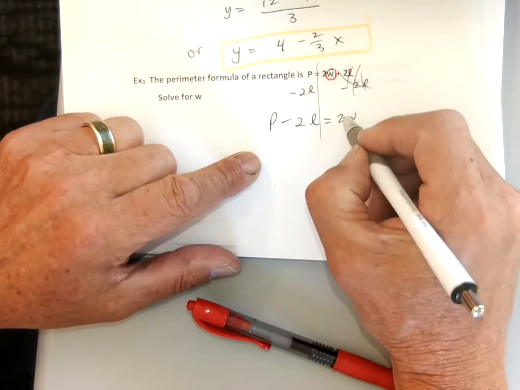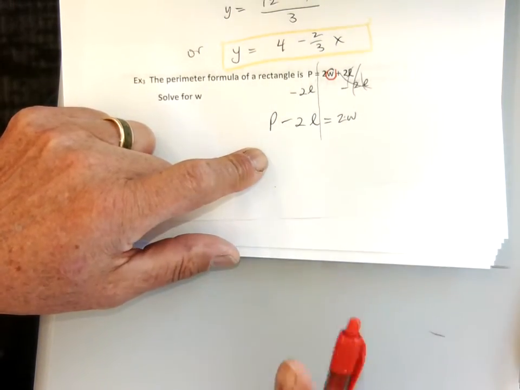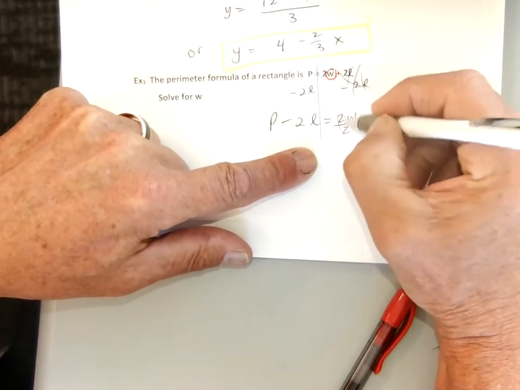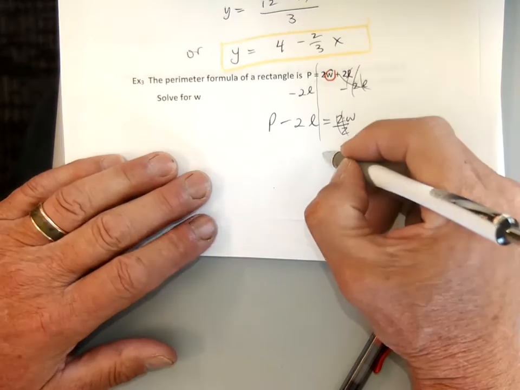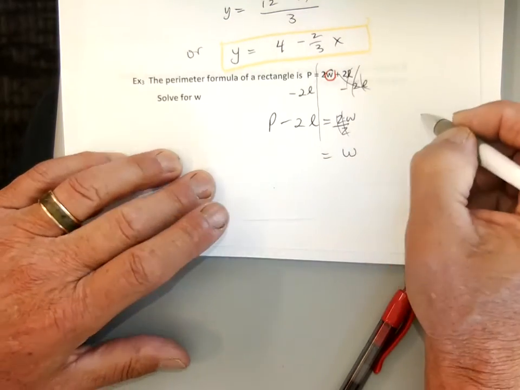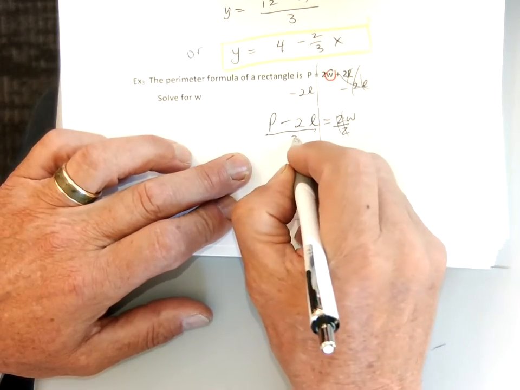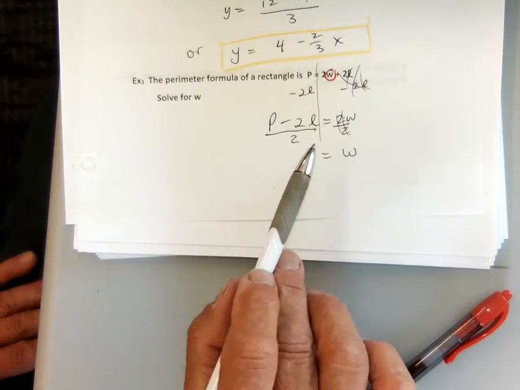There's an invisible times, right? So what I want to do is get rid of the 2. So I'll divide by 2 because that cancels out the 2, right? And then I've got W by itself, which is what I want. But on the other side, we're supposed to divide by 2 also, right? Divide by 2 on this side, divide by 2 on this side.